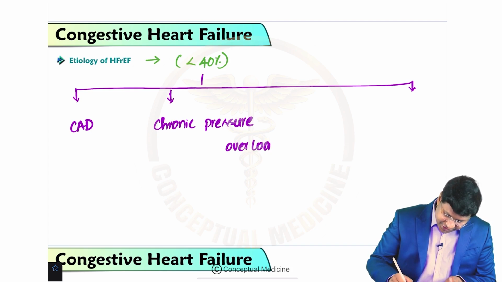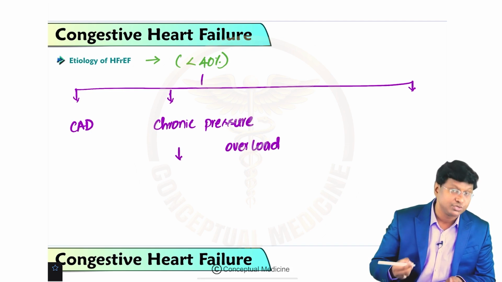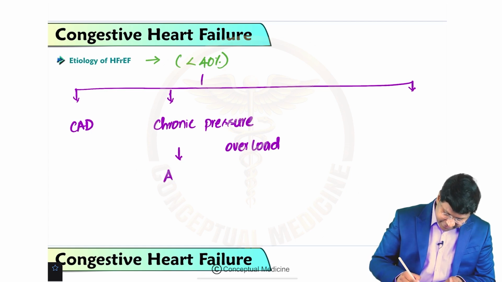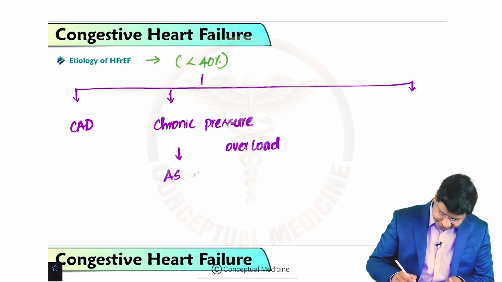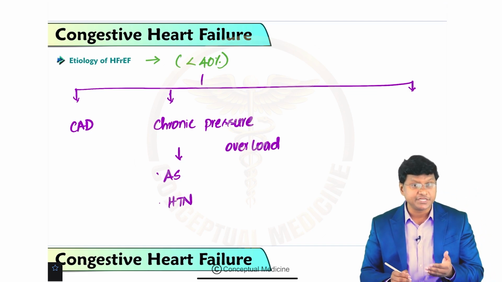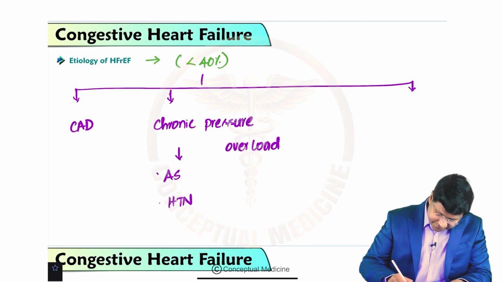What are the conditions where you have chronic pressure overload? You will come across this in patients with aortic stenosis and in patients with hypertension. These are the chronic pressure overload conditions.